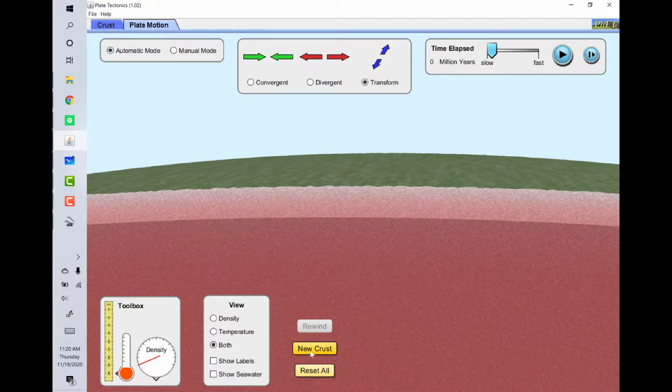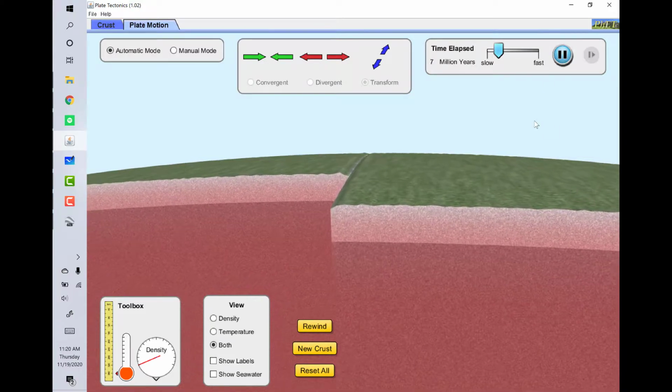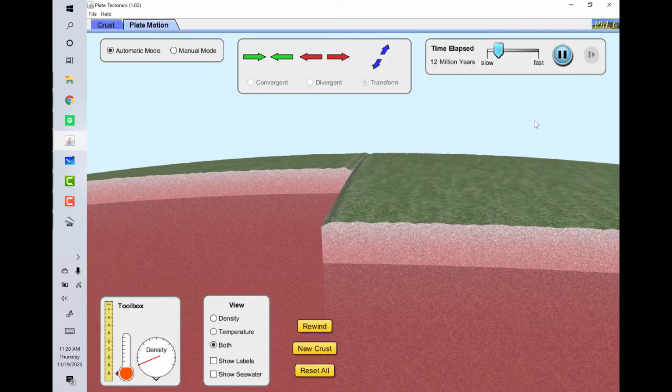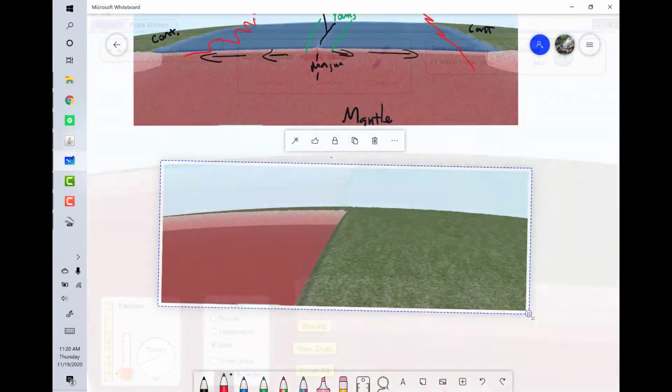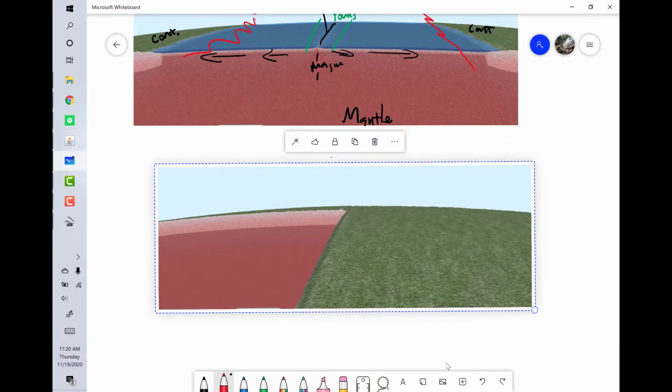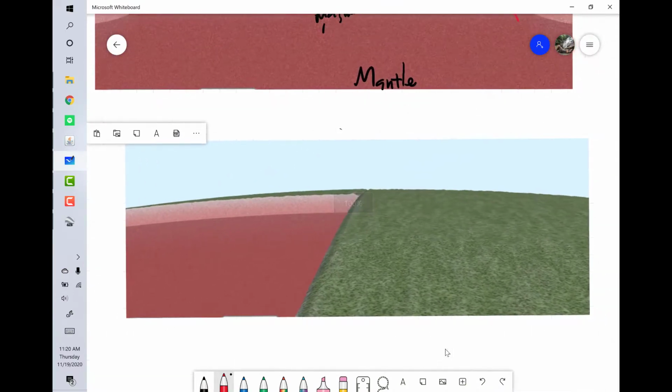Transform, go. So when they're grinding past one another, not a whole lot happens. So if I were to sketch out what had happened here, again, we still have arrows indicating the movement, but they're just sliding past one another.